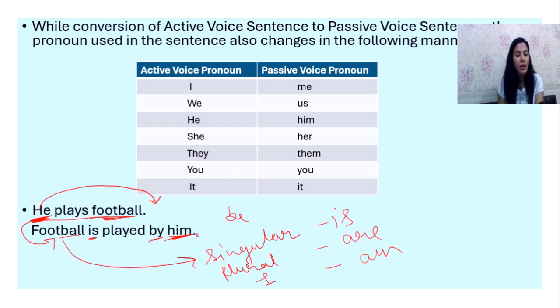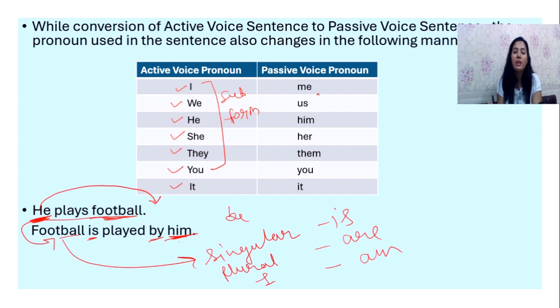I have prepared a table here so that you can understand what is the objective form and what is the subjective form. In the first row, they all are the subjective forms of the pronouns. We will write the pronoun as a subject. And when we change active to passive, then we will use the objective form, when we write them as an object.